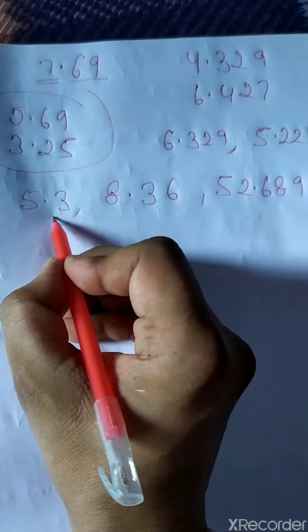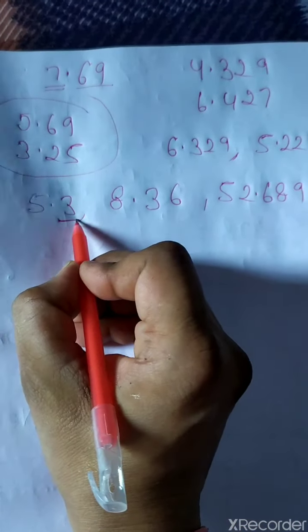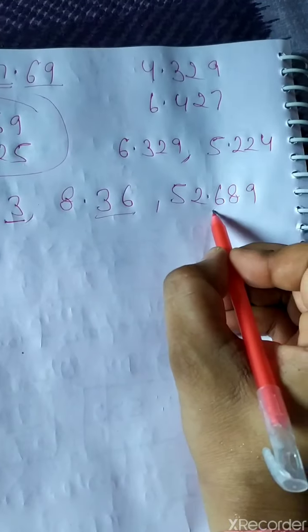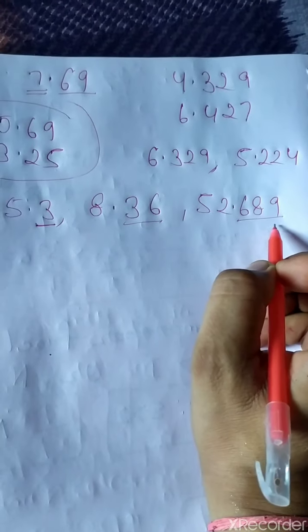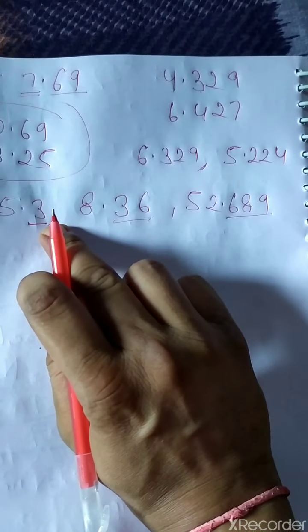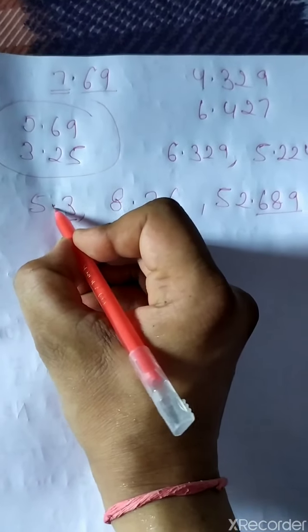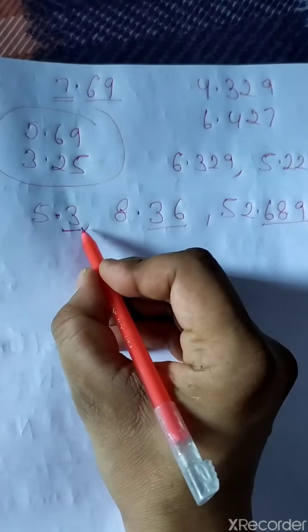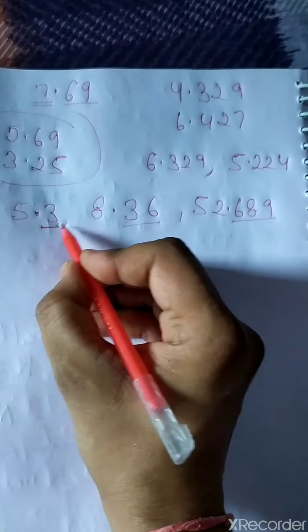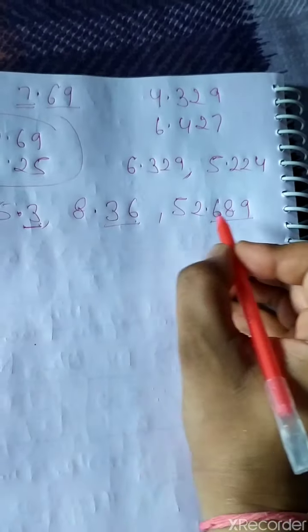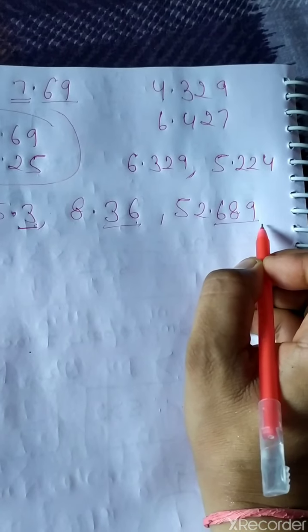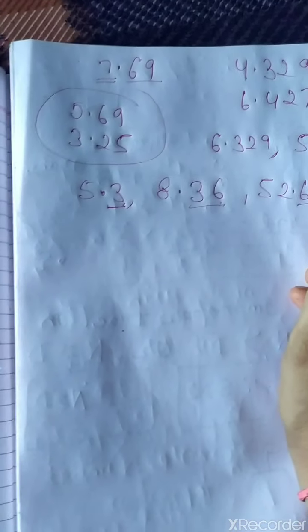It has one decimal place, it has two decimal places, it has 3 decimal places. So they are unlike decimals because the digits after the decimal points are different. It has 2 decimal digits, it has 1 decimal digit, this number has 2 decimal digits, and this number has 3 decimal digits.